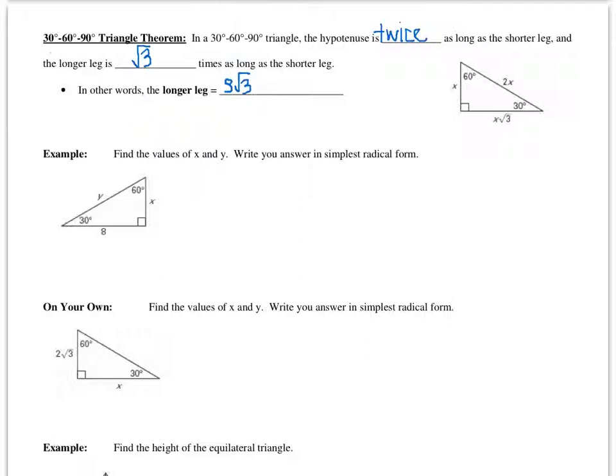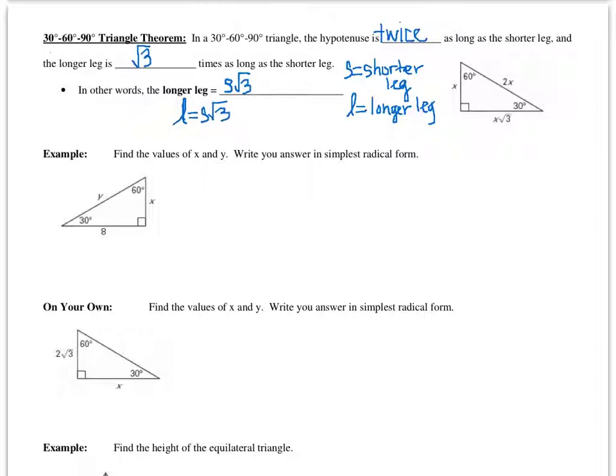So let's use S for my shorter leg, and then I'm going to use a cursive L for my longer leg. So I could write the equation, my longer leg, so L equals S times the square root of 3.